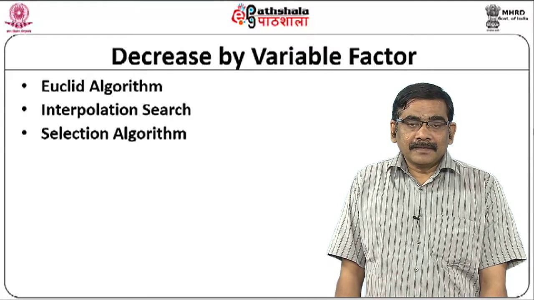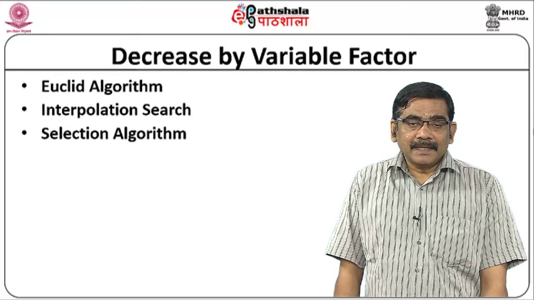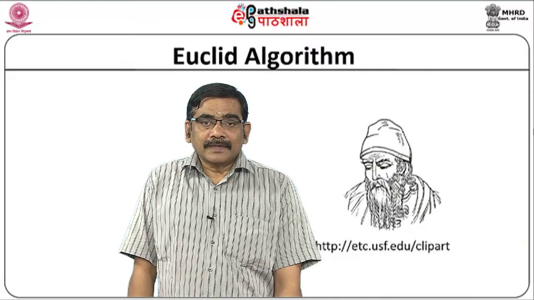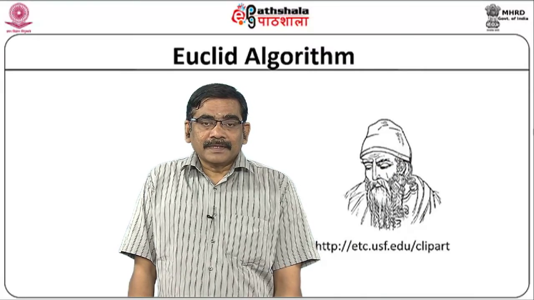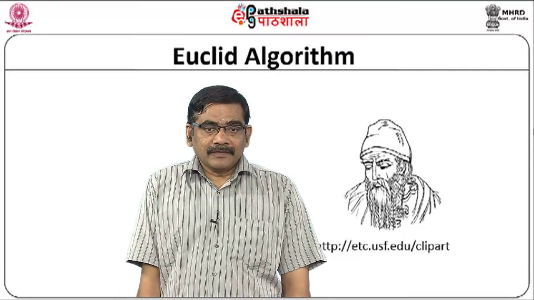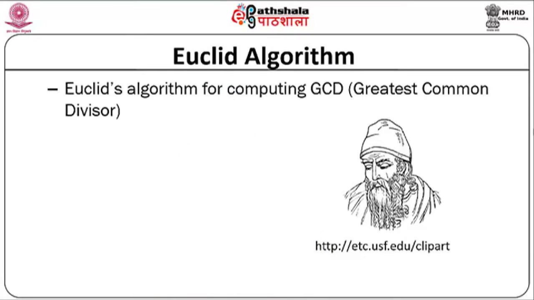Then the selection algorithm, where we discuss how to find the kth smallest element in an array, and finally we discuss median algorithms. One of the primary algorithms which we will take for our consideration is Euclid. The Euclid algorithm is for computing GCD, the greatest common divisor.